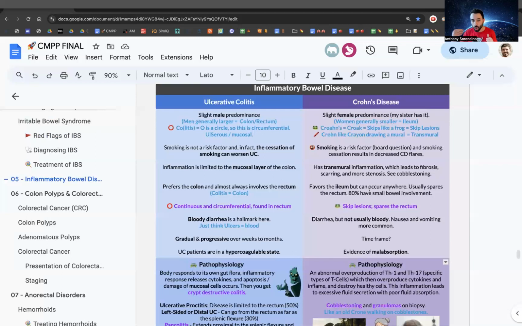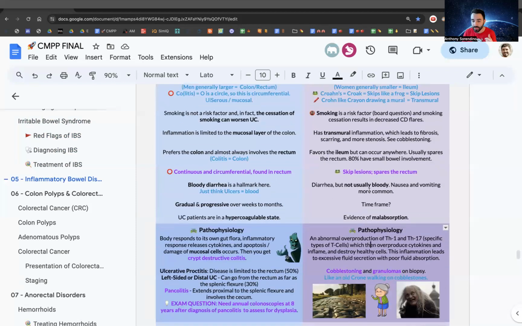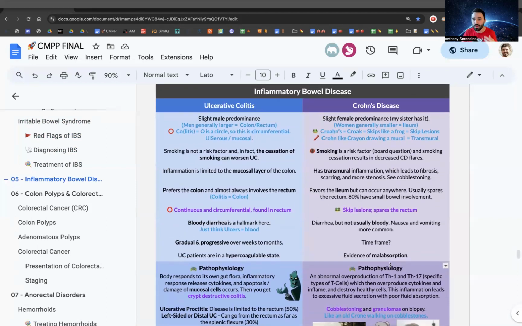Colitis, the second letter of colitis is an O, a circle, so this is a circumferential issue. Crohn's, you can think of crow, like croak, skip like a frog. So Crohn, croak like a frog, skip like a frog.